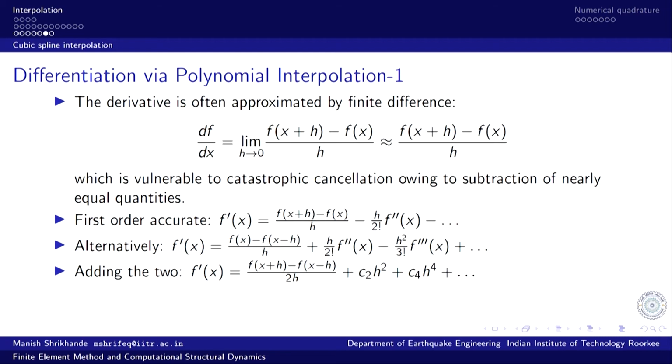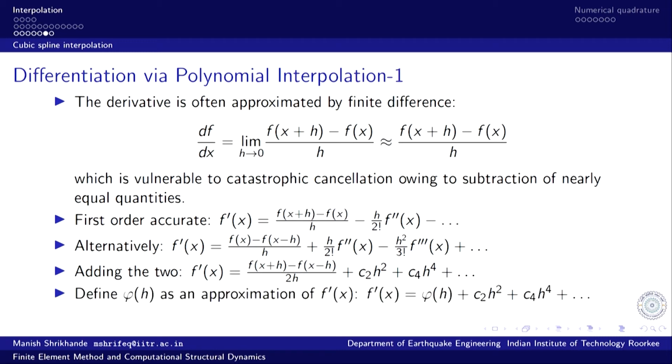So, if I change the finite difference approximation to twice the interval, then the error in the approximation of the finite derivative is of second order. From first order accurate I go to second order accuracy. So, I can define a function which is an approximation.